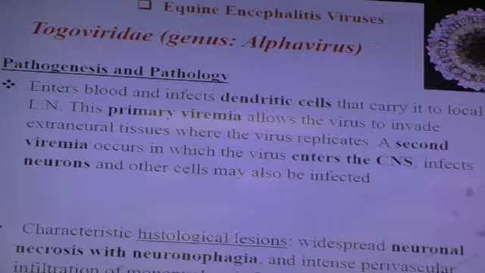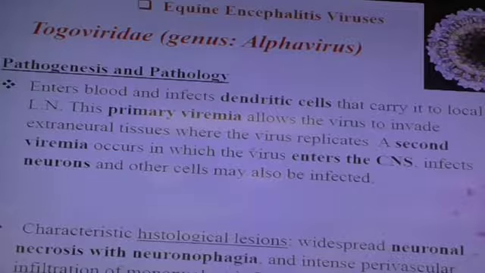Following primary viremia, there is a secondary viremia, because now the number of viral particles has increased dramatically. So it enters the blood again, and from the blood it can now reach in large number the brain and the CNS in general, in the progressive form.